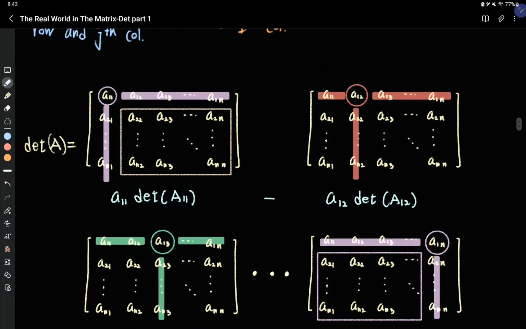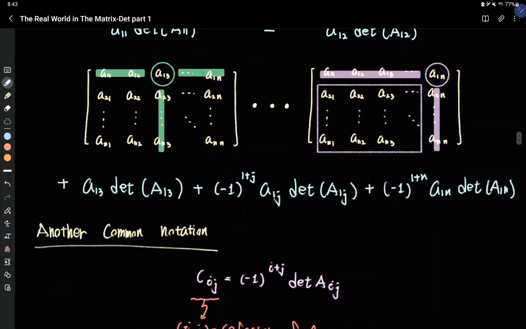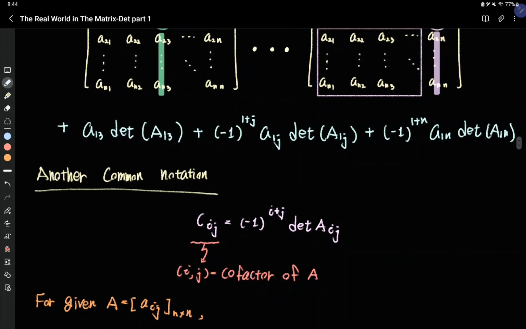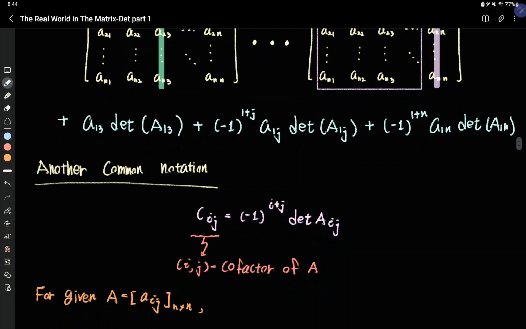Okay, this is quite a long expression, but now we see that the signed determinant of the submatrix A sub ij is called the ij cofactor of matrix A. So C sub ij means minus 1 to the i plus j times the determinant of submatrix A sub ij.